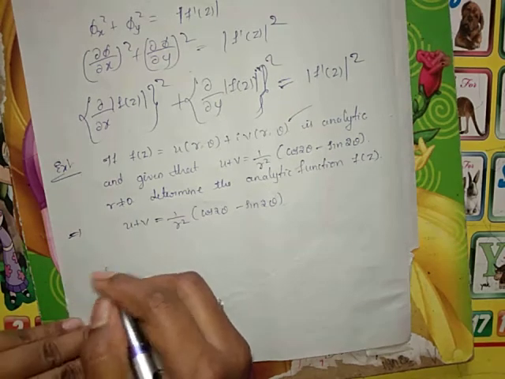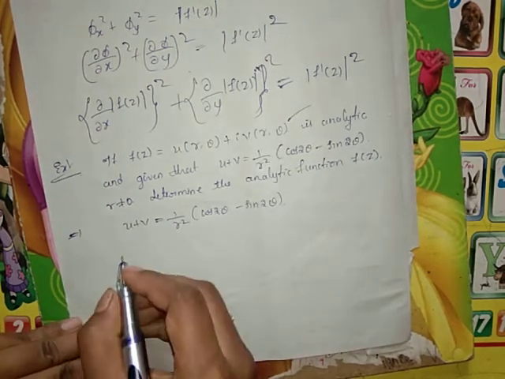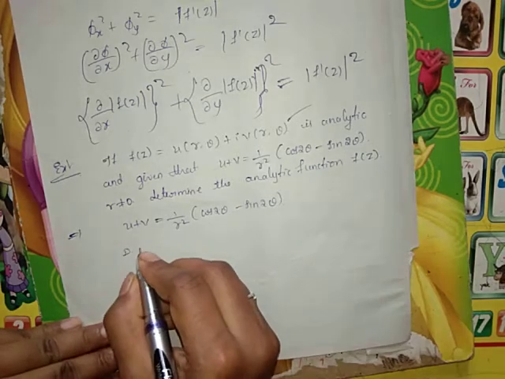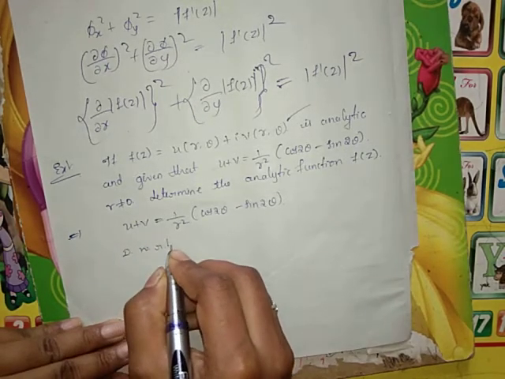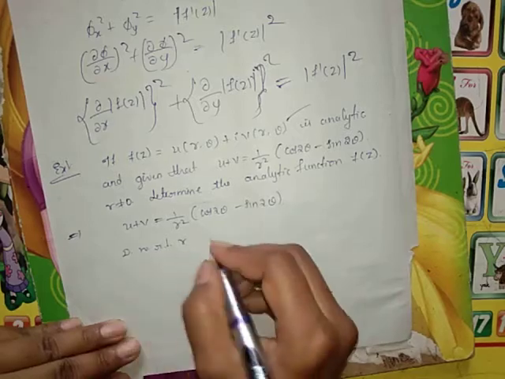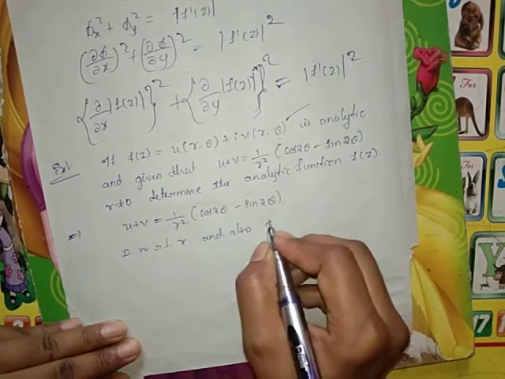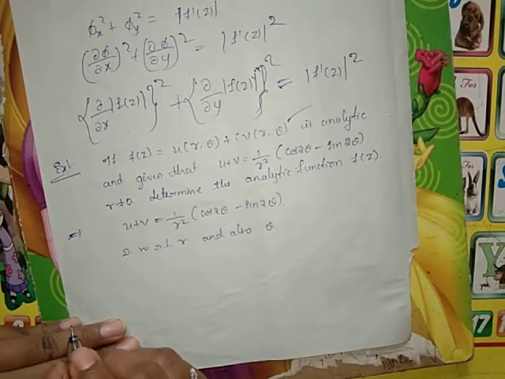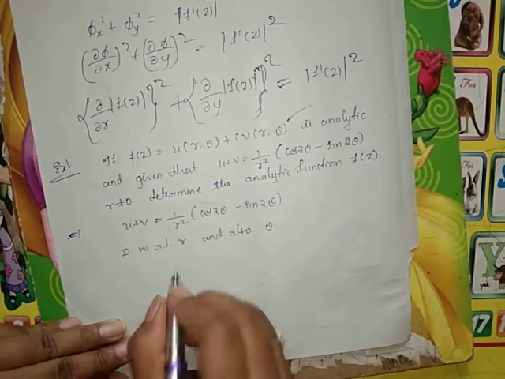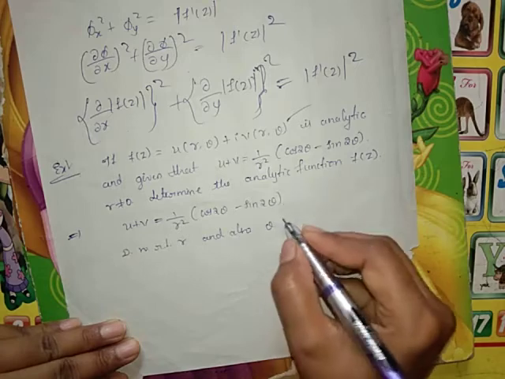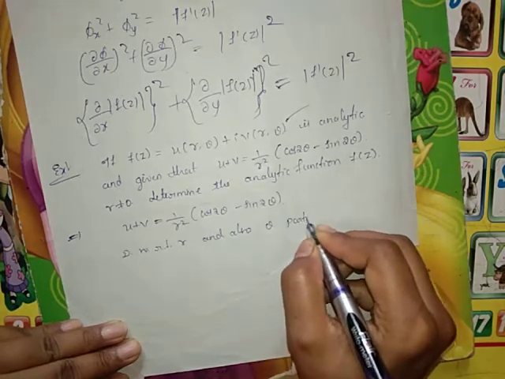Now u plus v is given here. Take the differentiation with respect to r and also with respect to theta, differentiating partially.